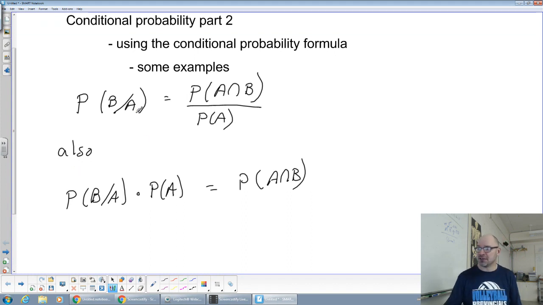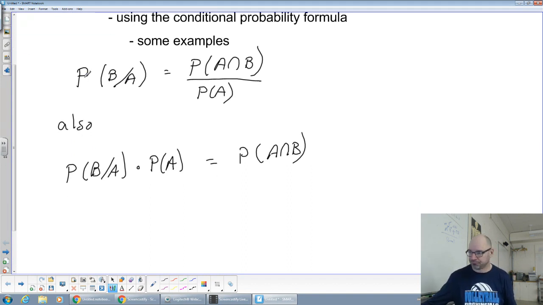B depends on A occurring. B depends on A occurring. So the first one depends on the second one in how you write it.